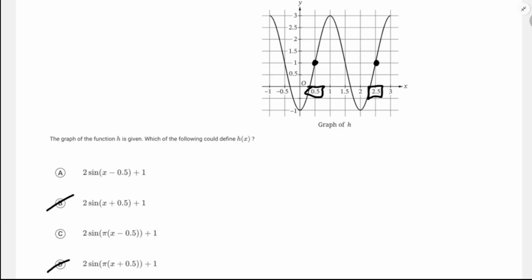All right, so the period is going to be the distance between these 2 points I just marked. This is where I was doing the exact same thing, in the middle and increasing. And so that would be a period of 2. So 2 equals 2 pi divided by b. That means b is going to need to equal pi, and so I'm feeling like it's going to be answer choice C.